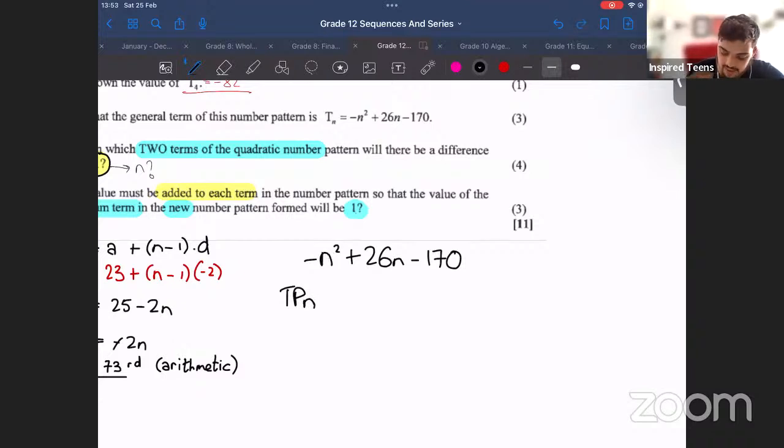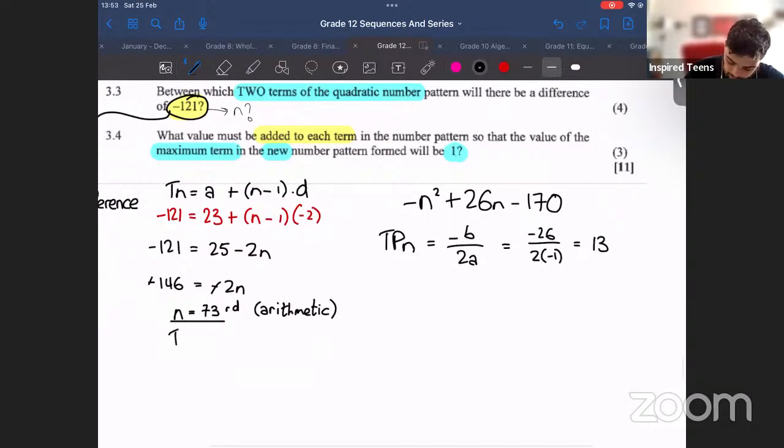It's going to give us the maximum term, maybe the 50th term. It's equal to negative b over 2a, which is negative 26 over 2 times negative 1, which is positive 13. So actually the 13th term. We forgot to answer the previous question: T73 and T74.